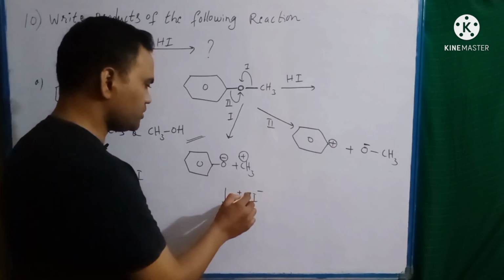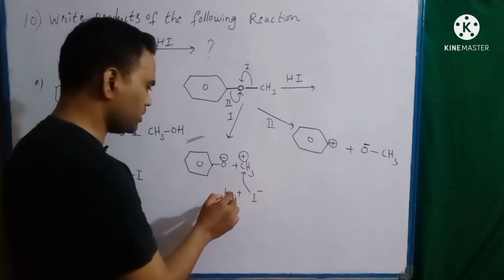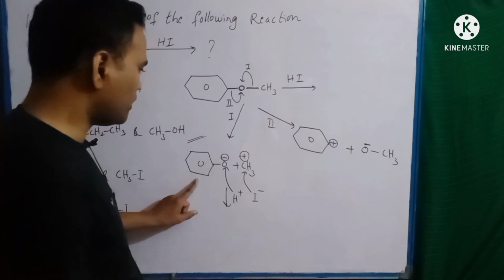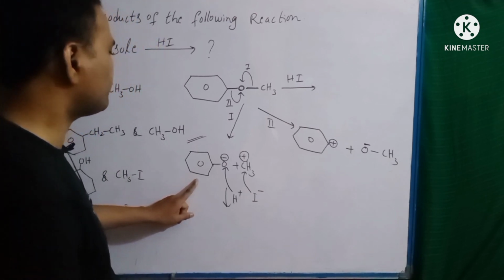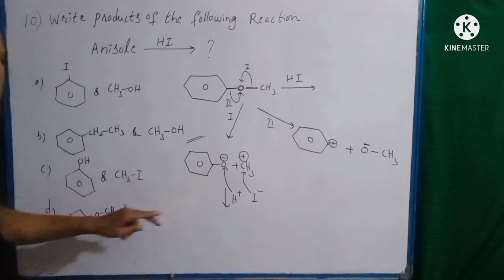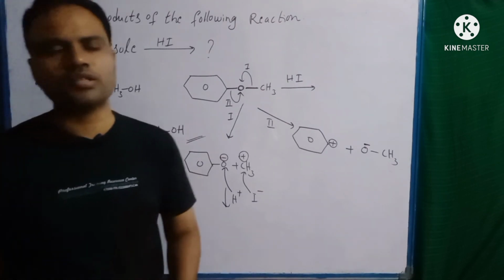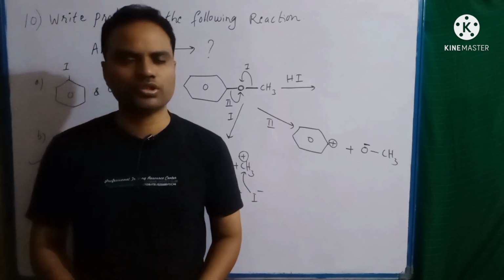Okay, and this will attack on this methyl carbocation, H plus attacks on O minus. So phenol and CH3I, means methyl iodide. Where is phenol and methyl iodide? So this one is the correct. So we will discuss some other questions in the next part. See you. Thank you.